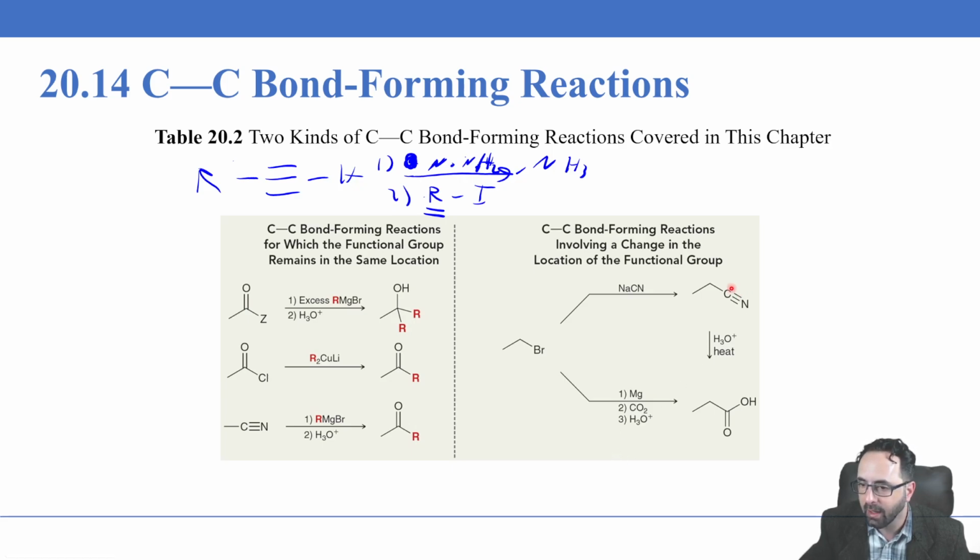In addition, we can add an extra carbon atom on by reacting an alkyl halide with sodium cyanide, as we just reviewed. And so we've got a few different new ways of adding carbon atoms.